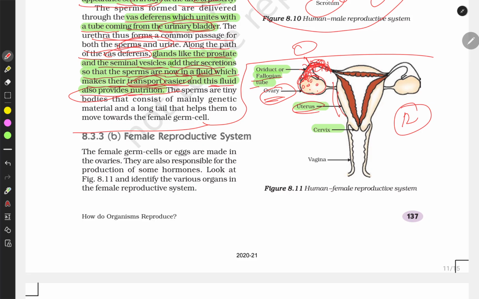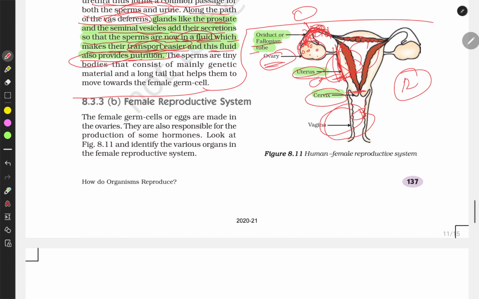This is the uterus lining, and it is also divided into three layers: the perimetrium, myometrium, and so on. We will study this in the 12th class. And this is the cervix. This divides the vaginal canal from the uterus. It is like a block, a wall between the vaginal canal and the uterus.